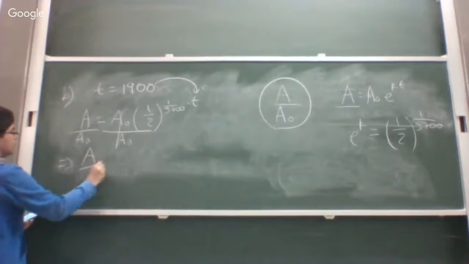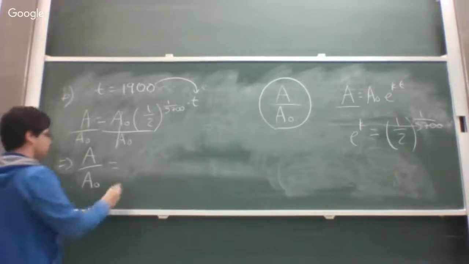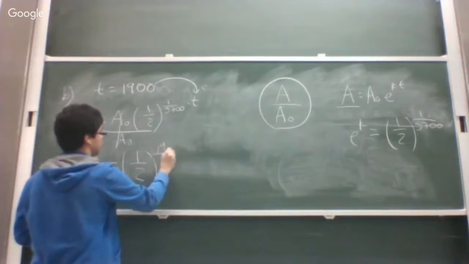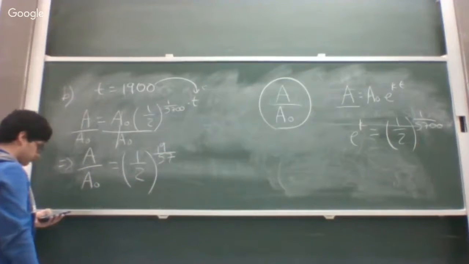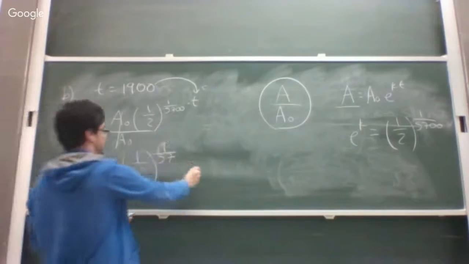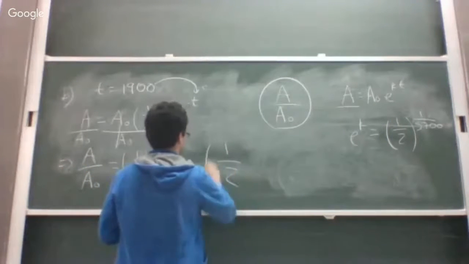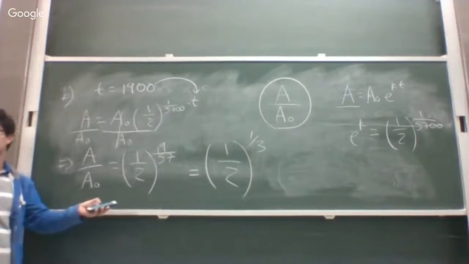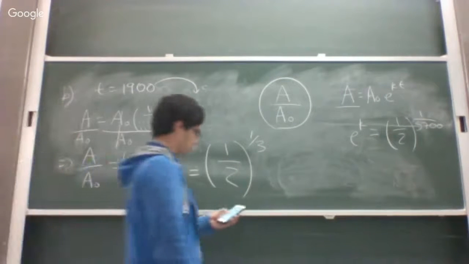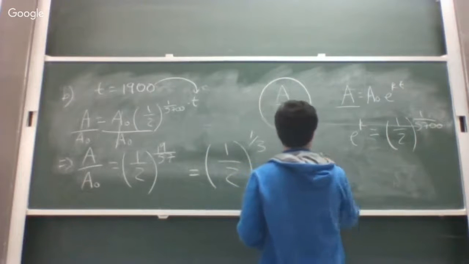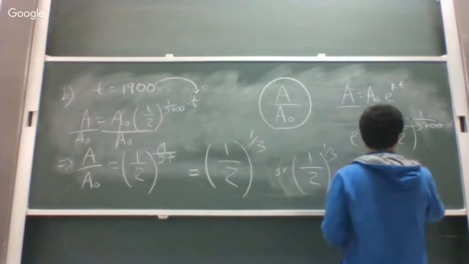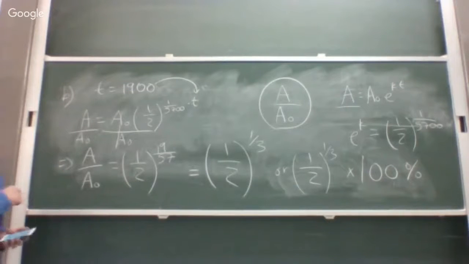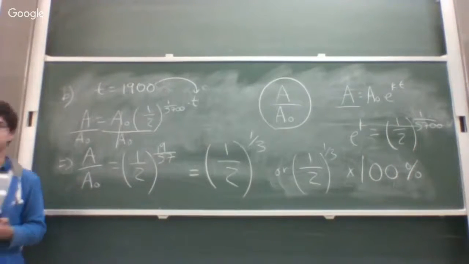So we have A over A naught equal to 1/2 to the 1900 divided by 5700, which is 19 over 57. 19 over 57 can actually be simplified to 1/3. So that would be our answer, or you can just multiply by 100 to get a percentage. Any questions on this? I think they've done a lot of problems like this already.